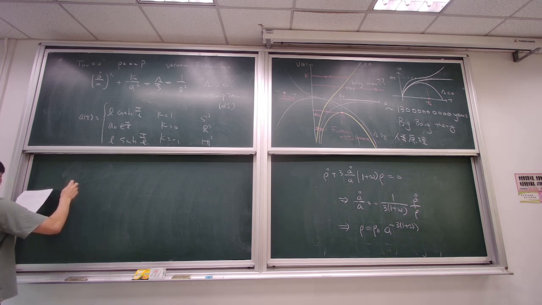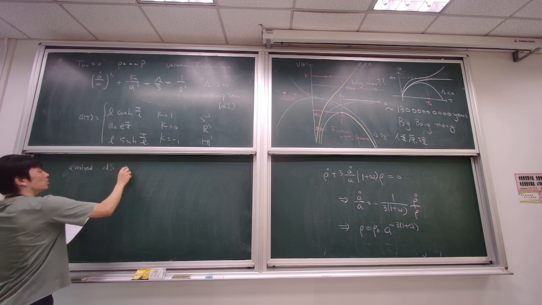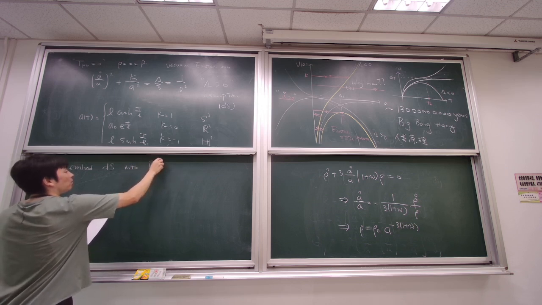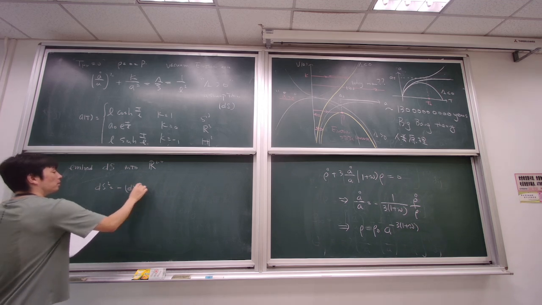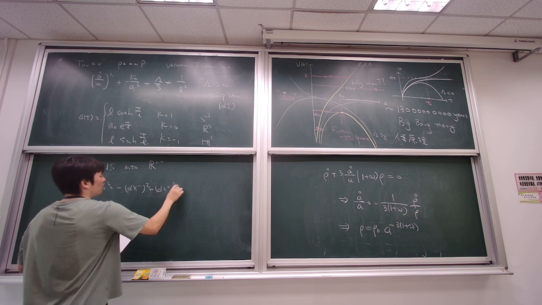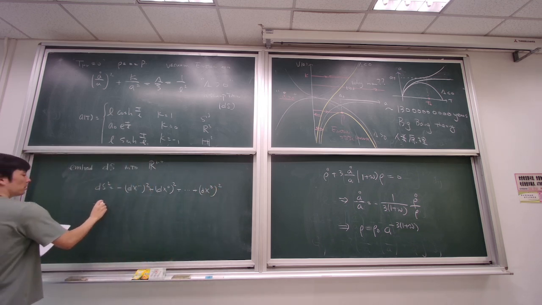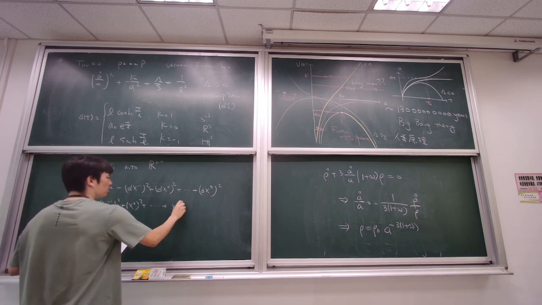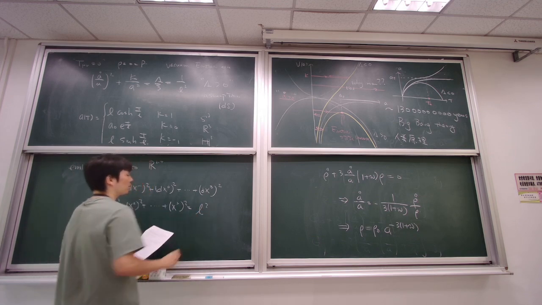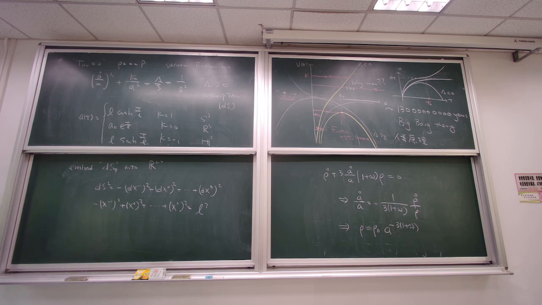The way to derive this one is to embed de Sitter 4-dimensional space into R14, the 5-dimensional Minkowski space, where the metric is something like this, minus dx squared and so on.